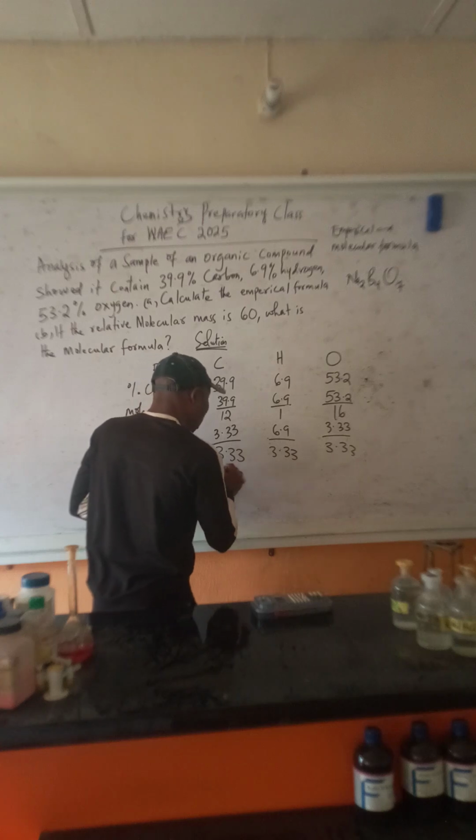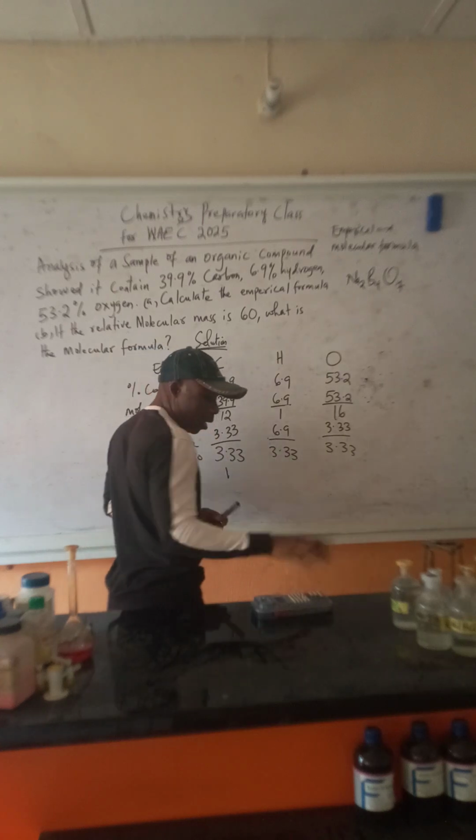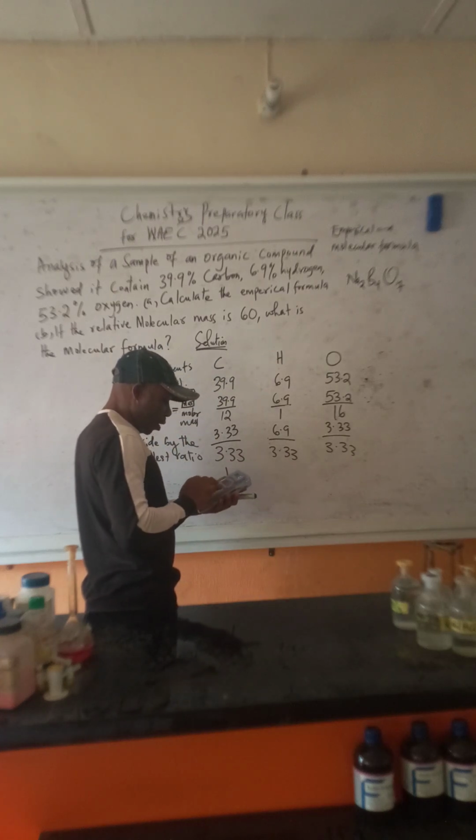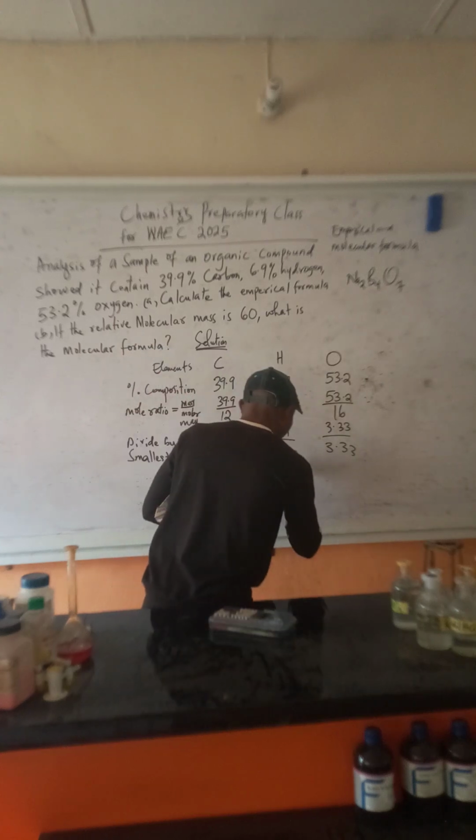This will give us 1 here. 6.9 divided by 3.33 will give us 2.